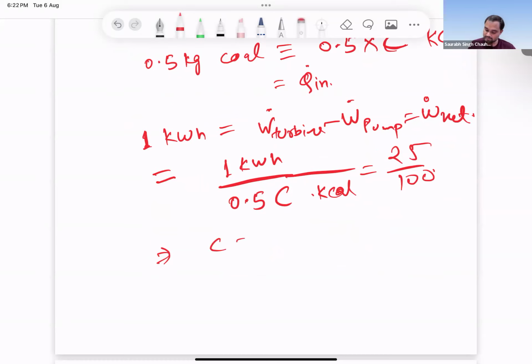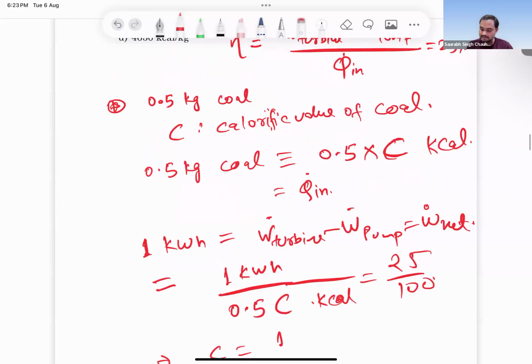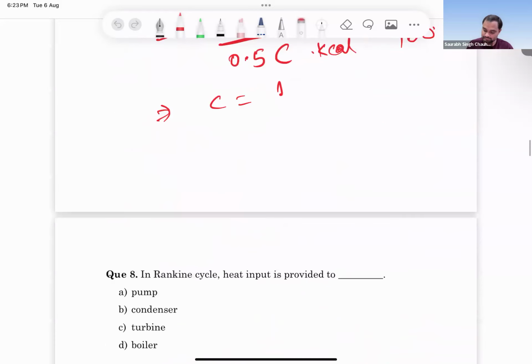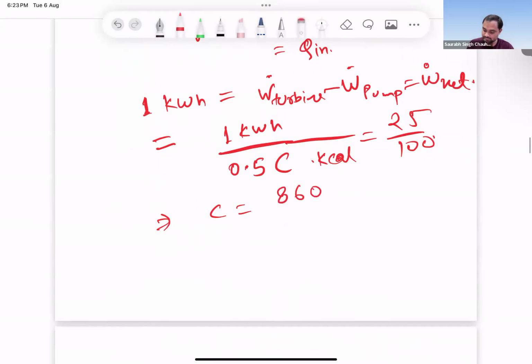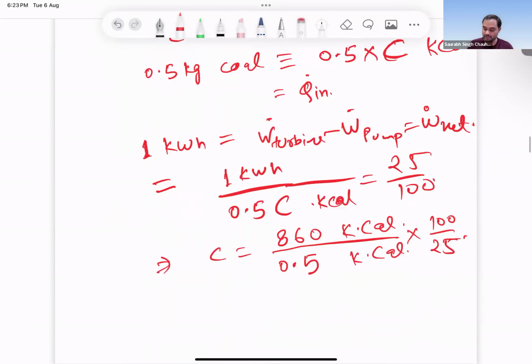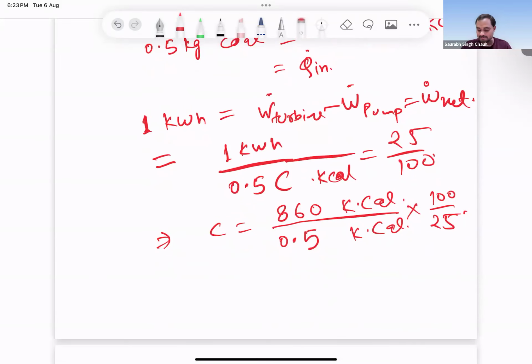So C will be equal to, just put the value of 1 kilowatt hour, it is 860 kilocalorie, divided by 0.5 into 100 by 25. So this will be your calorific value of coal or whatever fuel you are using.